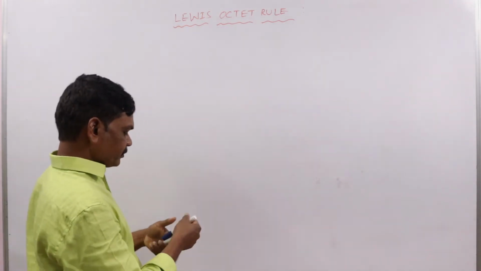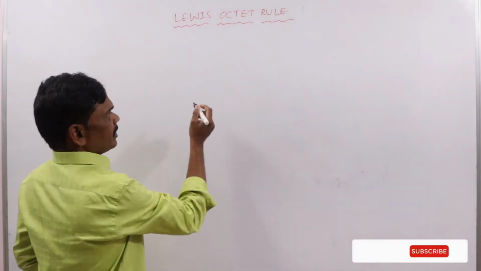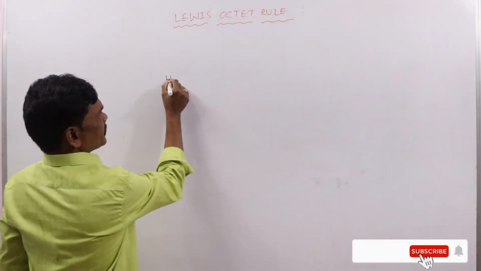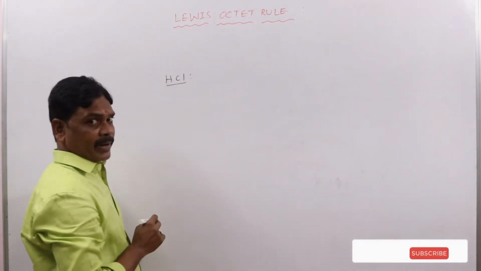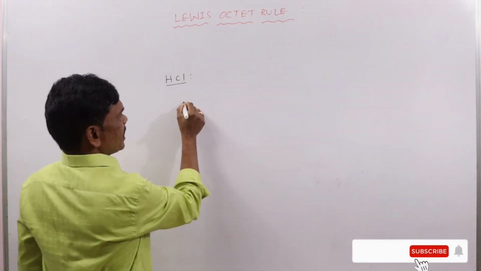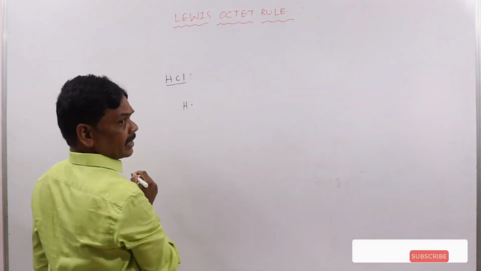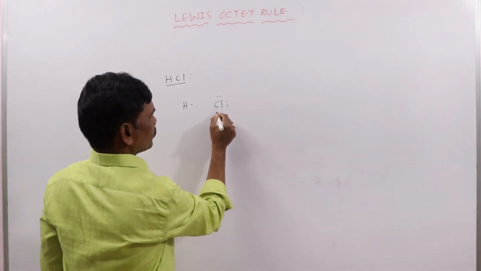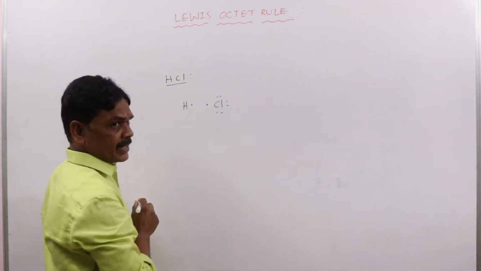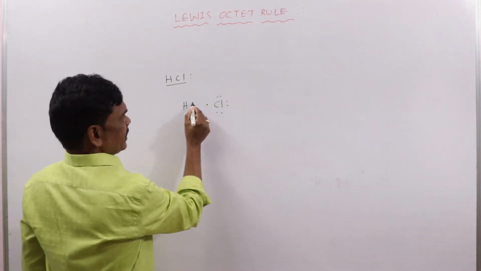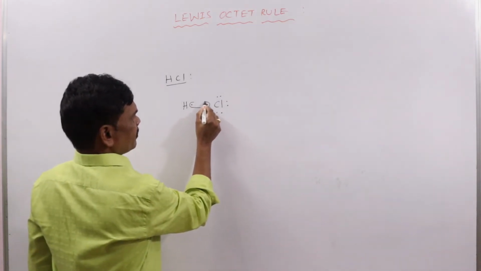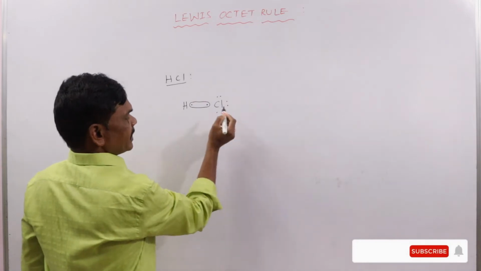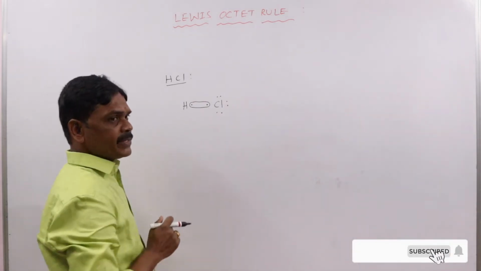Say for example, HCl, hydrogen chloride. Hydrogen has 1 electron and chlorine belongs to the 7th group, so chlorine has 7 valence electrons. Now a bond is formed between hydrogen and chlorine by sharing these 2 electrons.